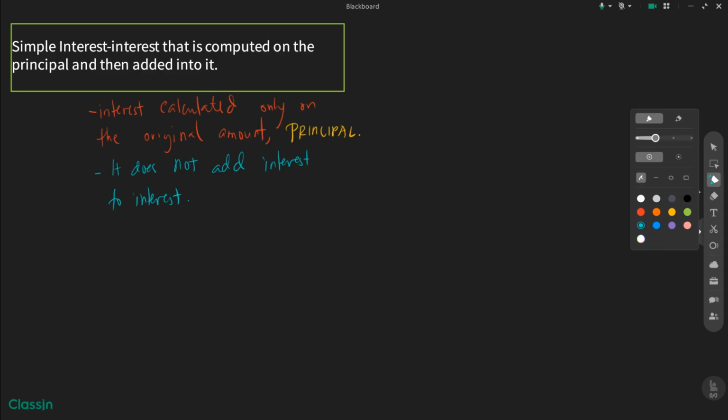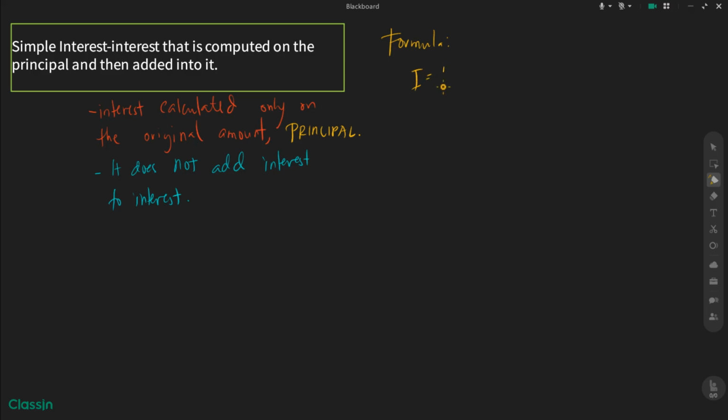So we have the formula for simple interest. I is equal to PRT, where T is time, R is rate, and P is for principal, which is the original amount, and the I is our simple interest.